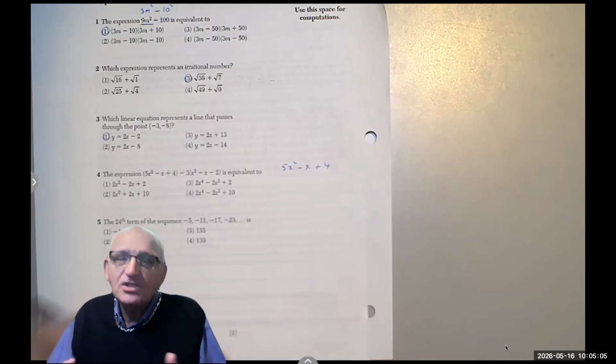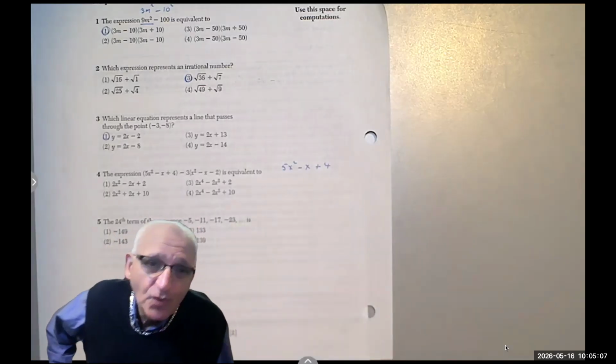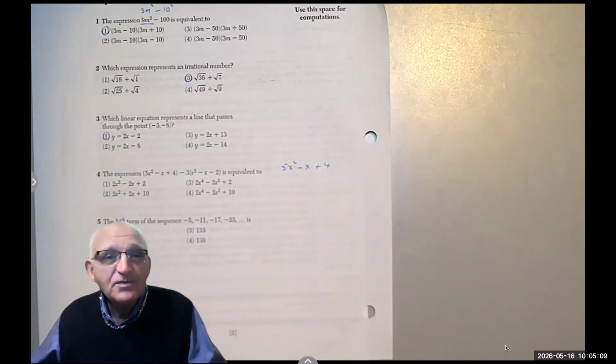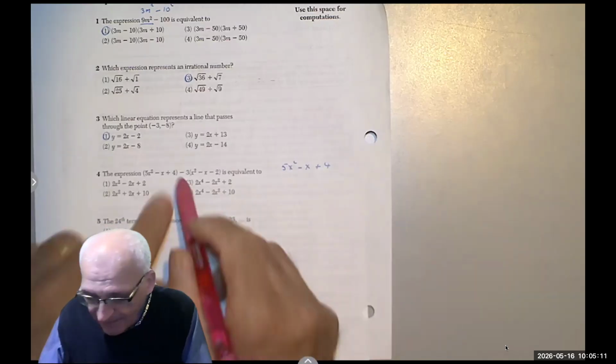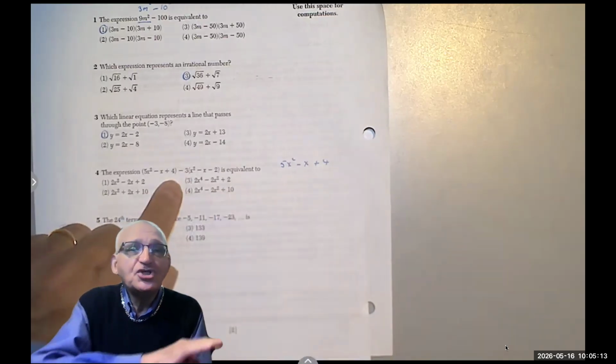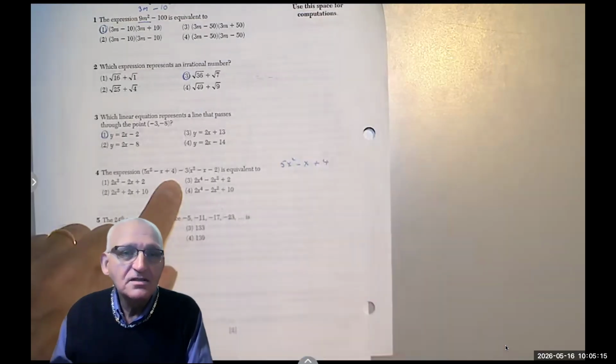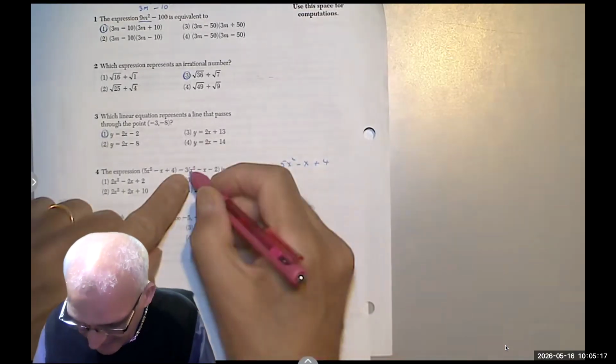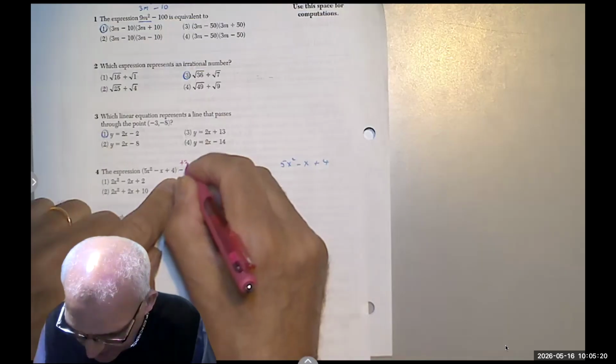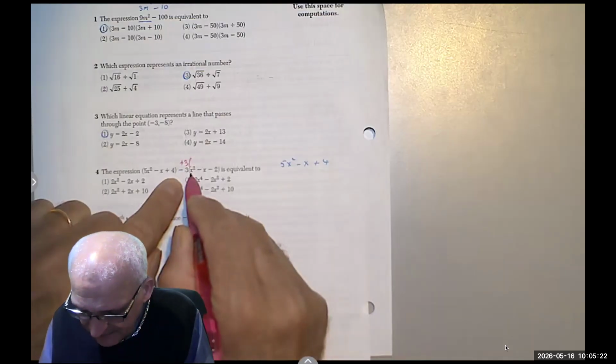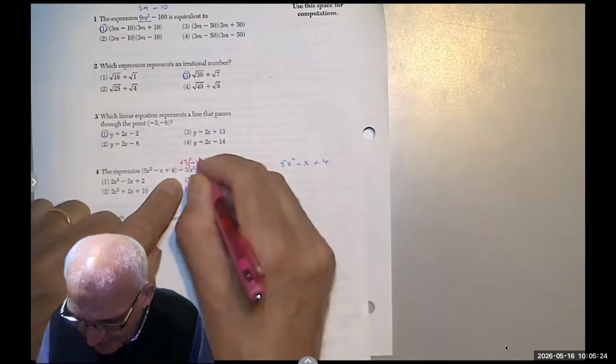So, not a better way, but an easier way to help you: above those, I'm going to change all the signs. I have a negative 3, I make it positive 3. I have a positive x squared, I make it negative x squared. I have a negative x, I make it positive x. I have a negative 2, I make it positive 2.